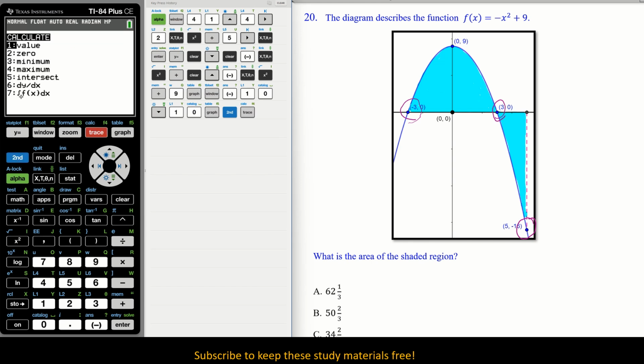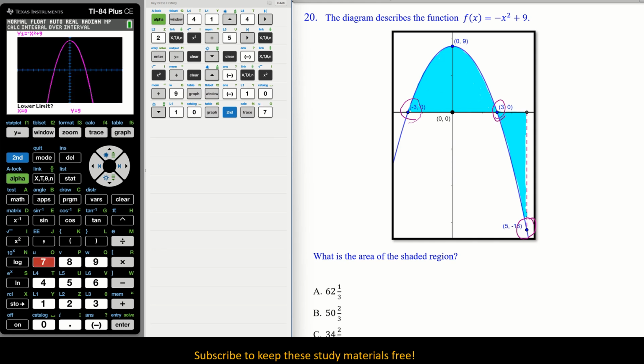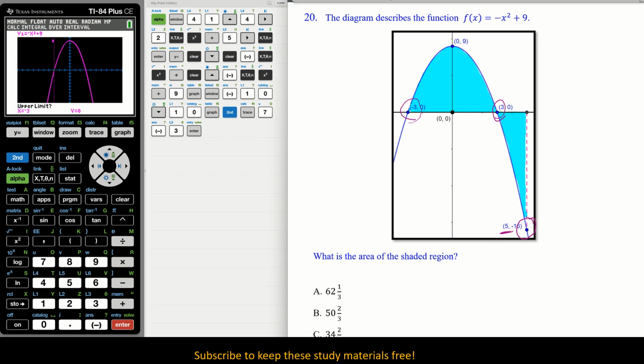Then we need integration, so we go to 7 and see what the lower limit is. So we need the lower limit, put it in. That is negative 3. You just type it right in and you see what you type and then you push enter. Now it asks for the upper. Do not go all the way to this 5. Go to 3.